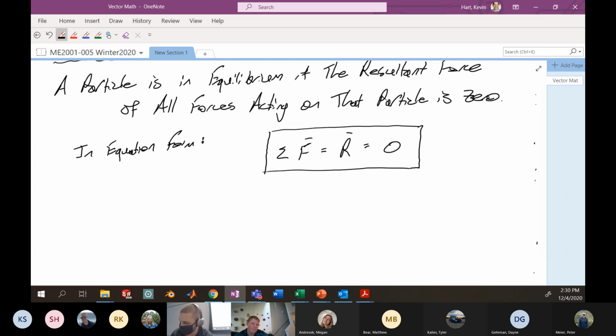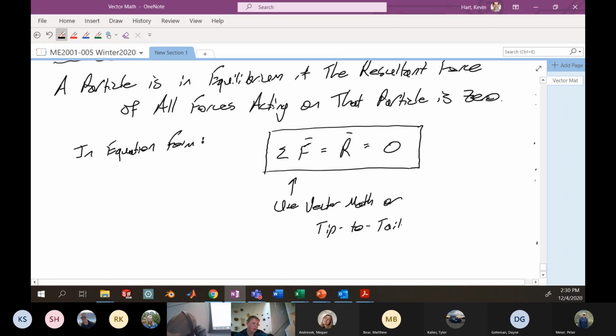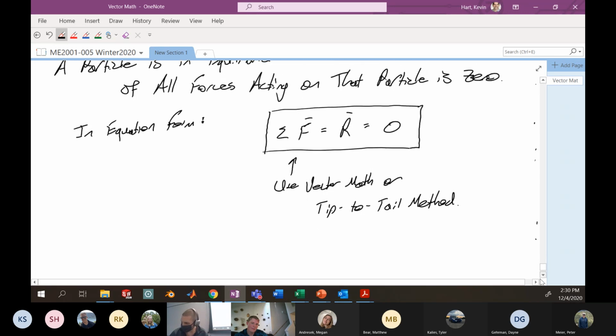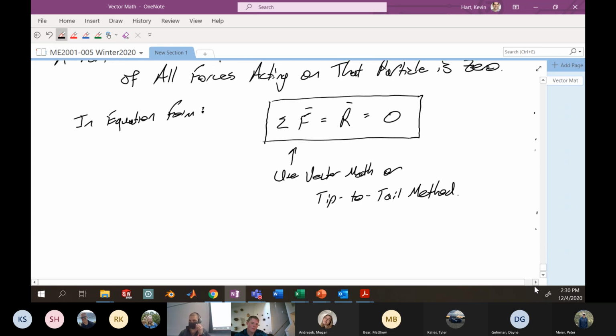So you can do this summation using vector math, or tip to tail method. I mean, if it's maybe like a 2-vector system, tip to tail might be easy. Otherwise, you might have to go to a vector math sort of situation. So let me give you an example.